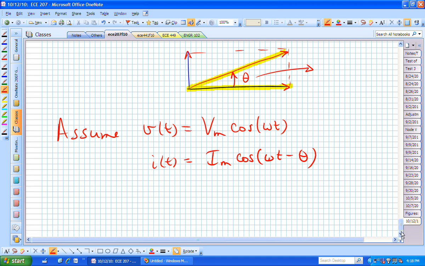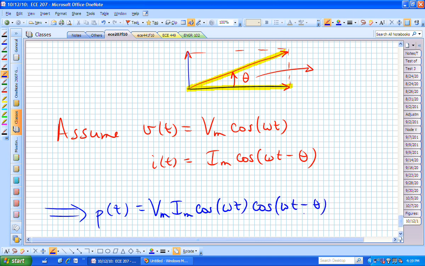If we compute the instantaneous power for this set of voltage and current, then we have V sub m I sub m cosine omega t cosine of omega t minus theta.